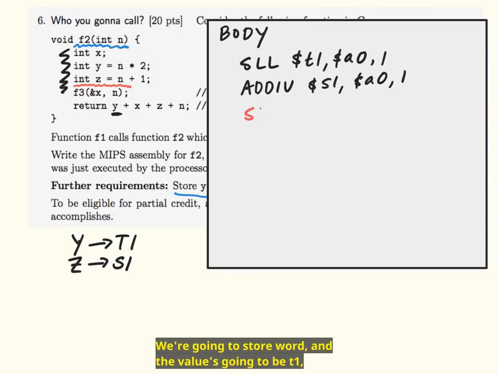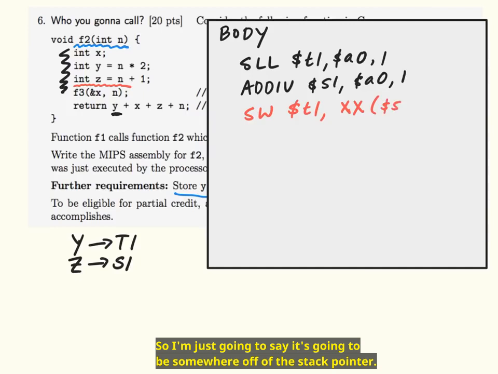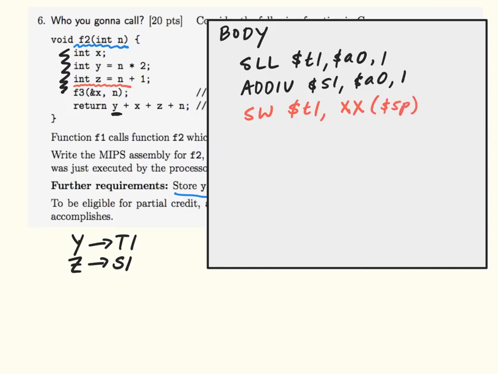We're going to store word, and the value is going to be T1, and we're going to store it somewhere on the stack. And until we actually have a diagram of our stack, we don't really know exactly where we're putting it. So I'm just going to say it's going to be somewhere off of the stack pointer.